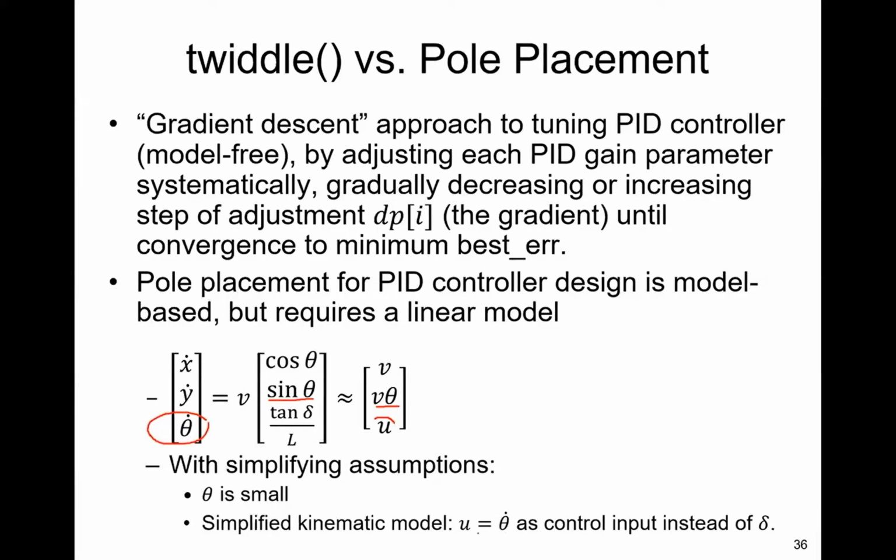So theta dot is u, the control input, instead of delta. So we are completely ignoring the bicycle model's steering angle variable. We're assuming that somehow we have a magical vehicle where we can directly control the heading, which is not realistic for a bicycle model, obviously, but it's a simplification.